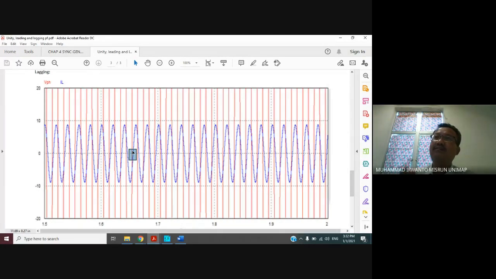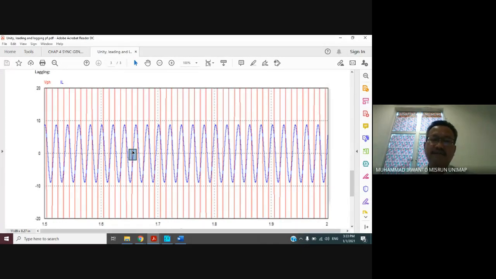Then, how much is the power factor value? For example, cos theta is equal to 0.8. So how many degrees? Find theta: theta is equal to cos inverse of 0.8. That is how you find the angle.